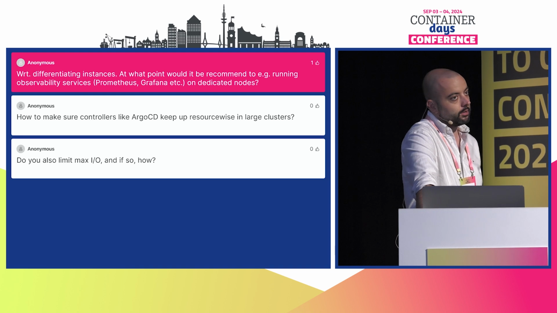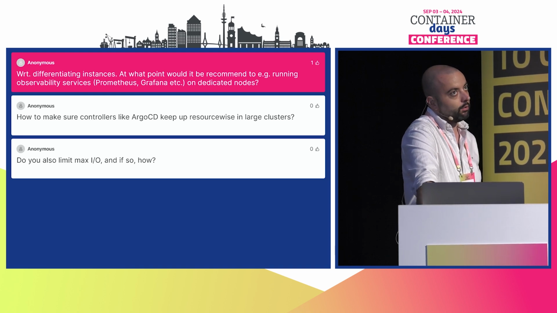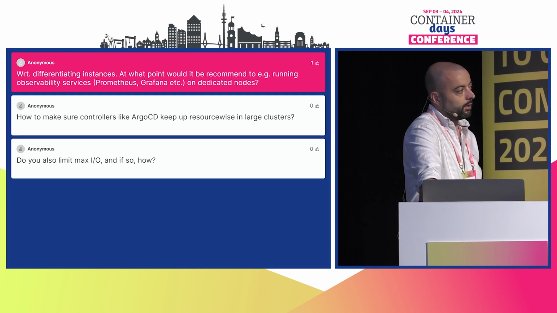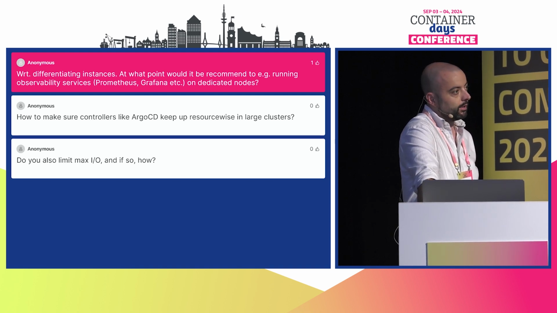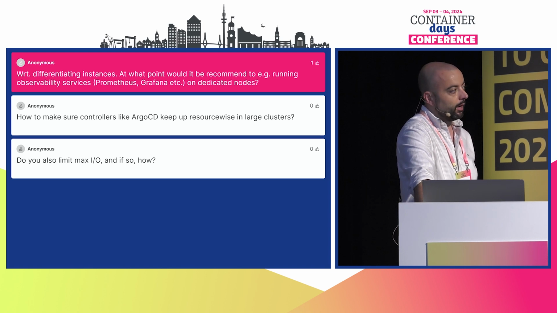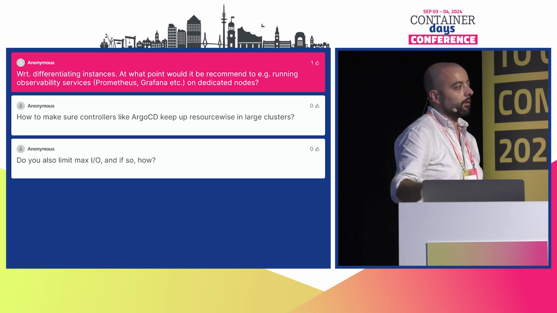A good thing is that if you have a dedicated node group, you can have different permissions or configuration on it. So if you're dealing with specific IAM roles or specific permissions, it's a lot easier to apply them on a specific node group than to pods spread across your cluster.